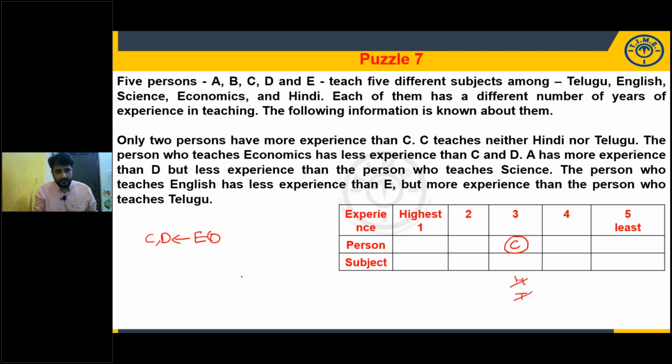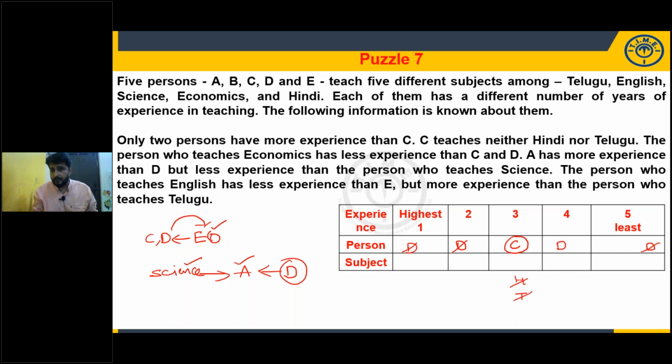A has more experience than D, but A has less experience than the one who teaches science. Now, D cannot be the highest. D cannot be the second highest either, because before D I have to place two persons, and after D I have to place at minimum the one who teaches economics. So D cannot be the least.